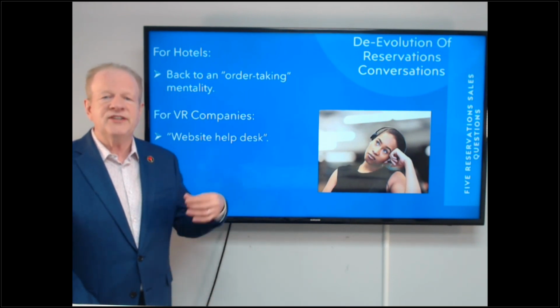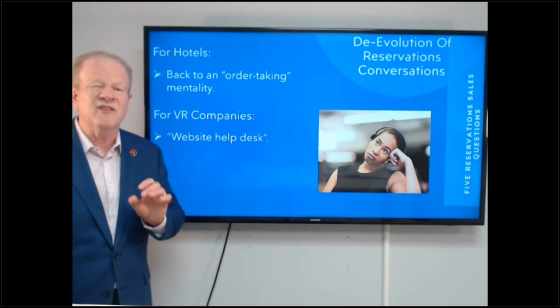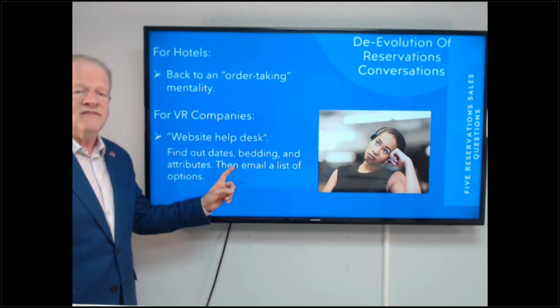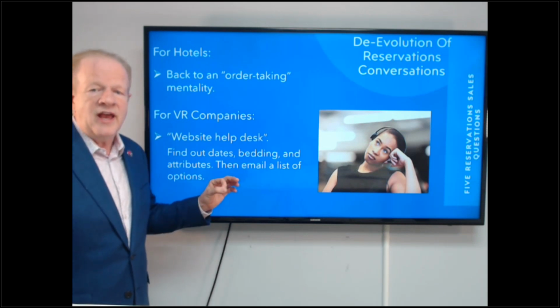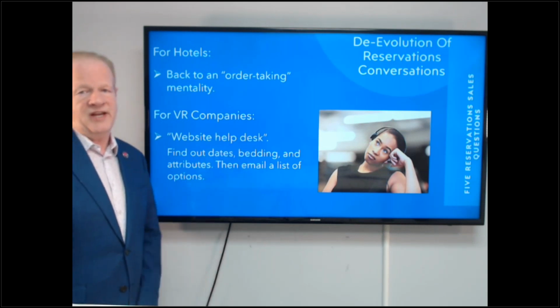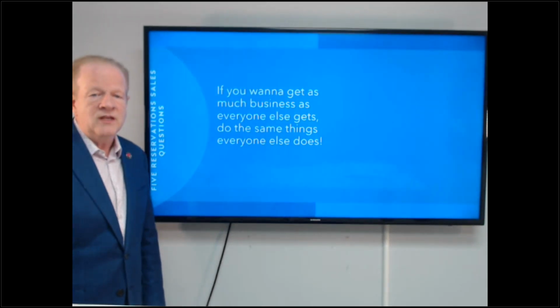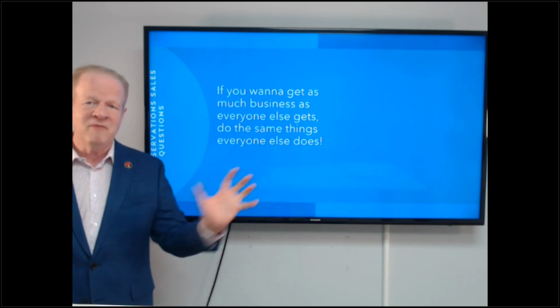So the companies that didn't sign up today in this space, and also resorts do this, if you have resorts that have a multitude of different accommodations, they find out the information, they email the list. We treat a reservation inquiry as if it is a website help desk for somebody that can't figure out how to book online, okay? So as I say in my classes, and I will share with you now, a Doug Kennedy mantra.